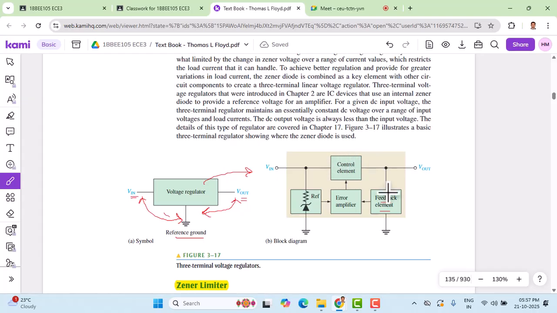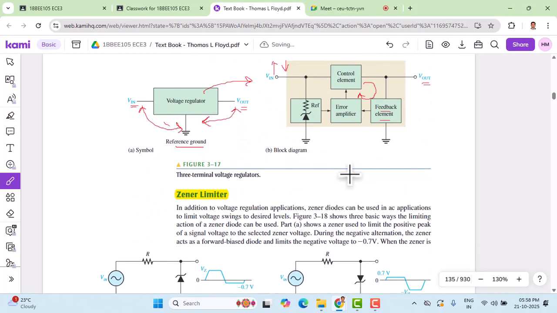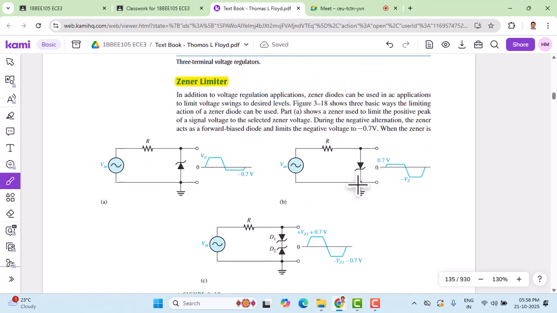This works in this fashion. So this is how the block diagram is connected in a loop, as we can see here. This is the internal block diagram of the voltage regulator. The voltage regulator tries to maintain constant voltage across its terminals, even though there is an increase or decrease in the input voltage. So that's how the Zener diode performs voltage regulation.